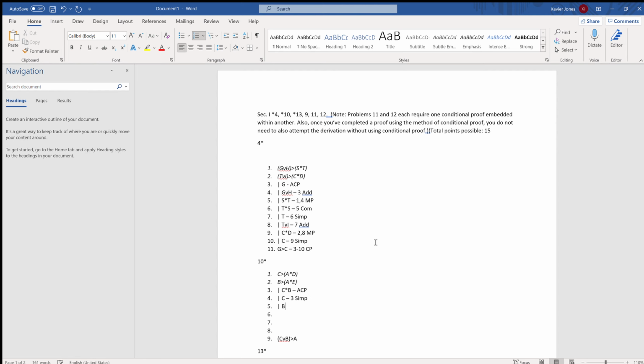Then we can get B and C by commutativity. Okay. Now we have just B using simplification for line 5.